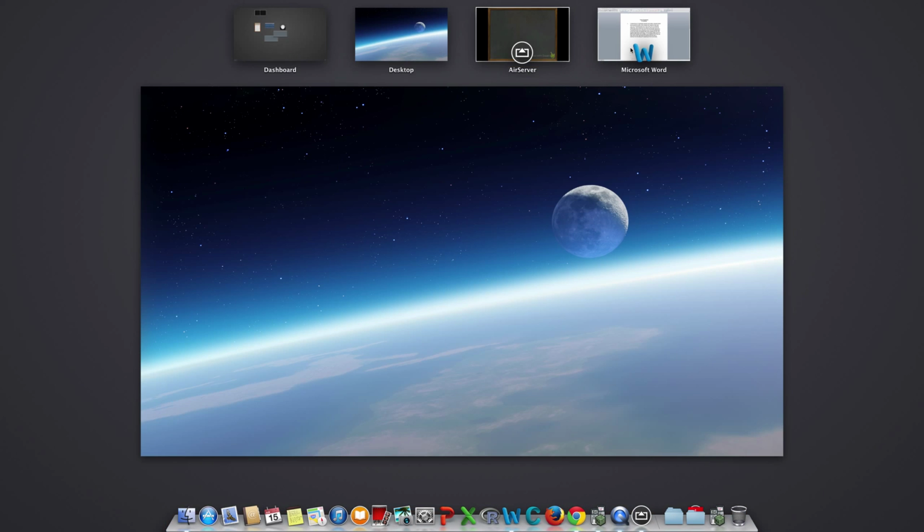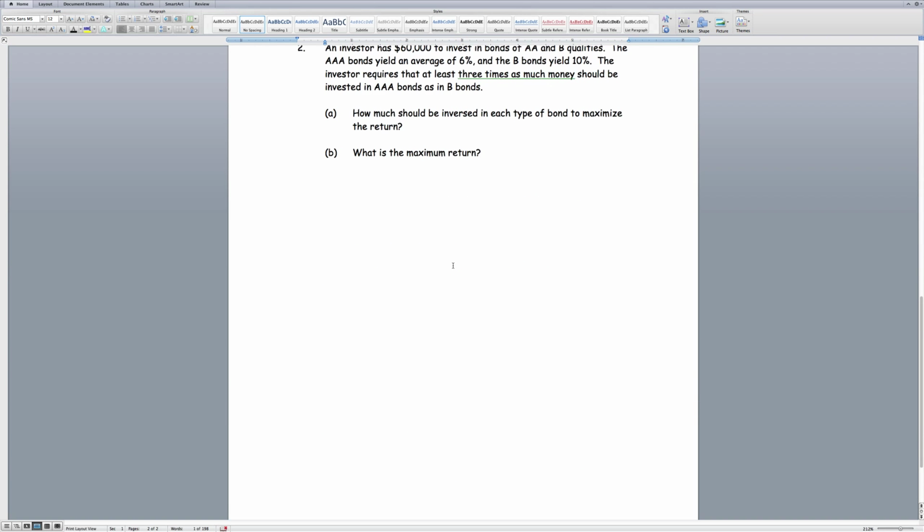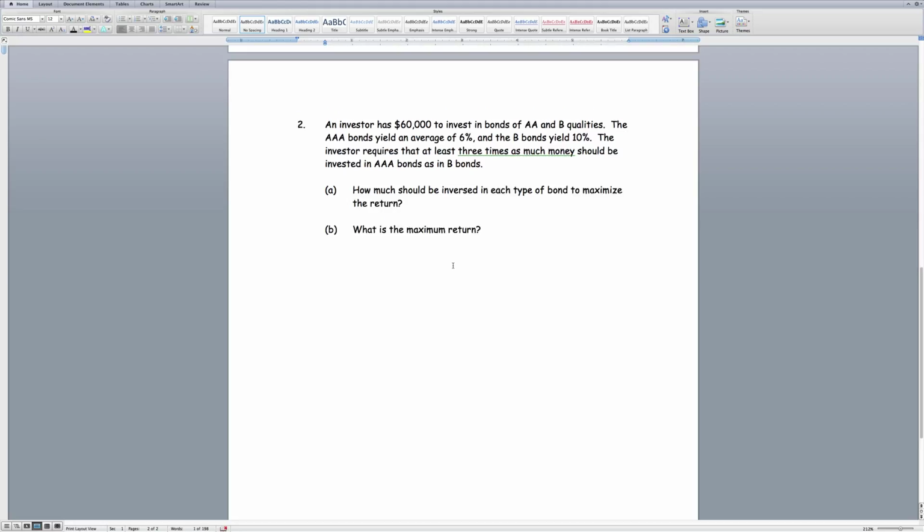Okay, as you would expect in a business class, we might be talking about bonds. So an investor has $60,000 to invest in bonds of, actually that should be AAA and B qualities.